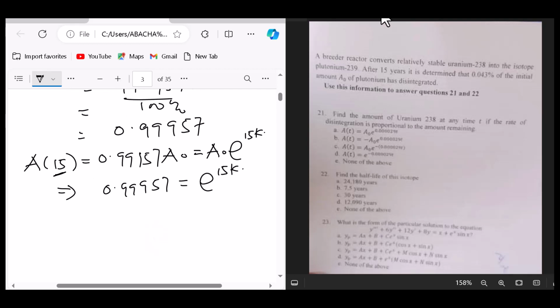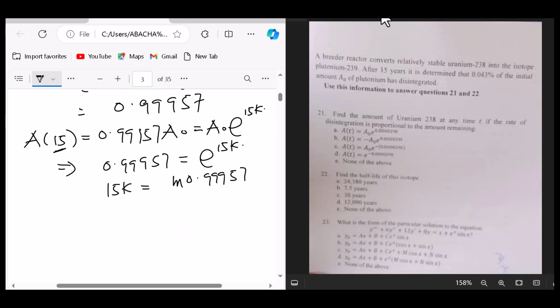Now solving for k, 15k equals ln 0.99957, and this implies k equals ln 0.99957 over 15.